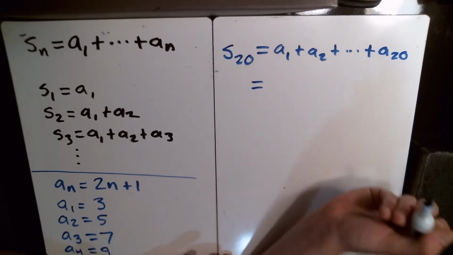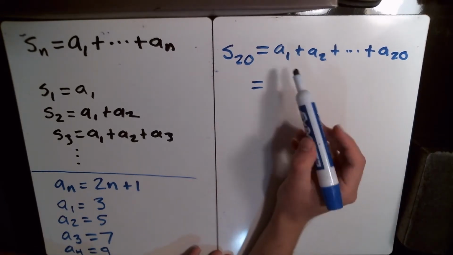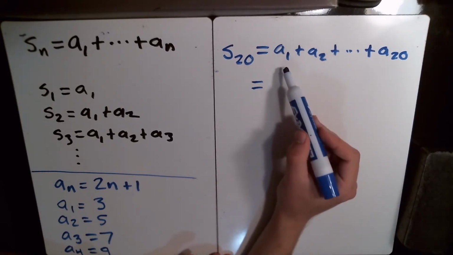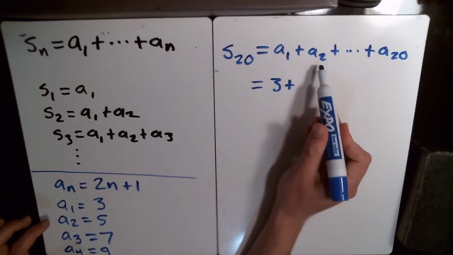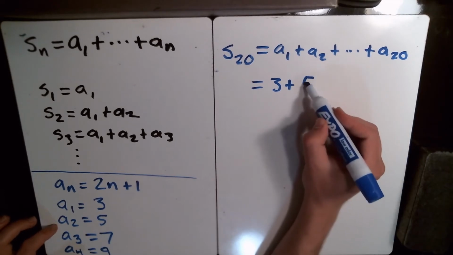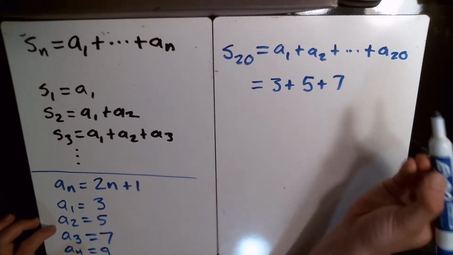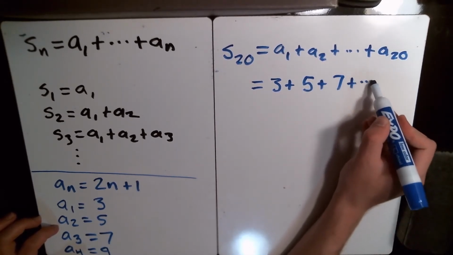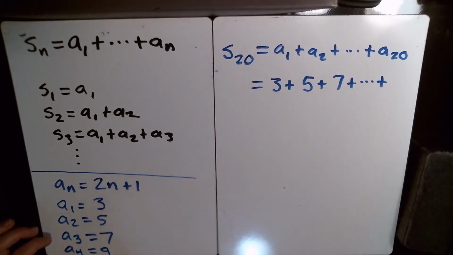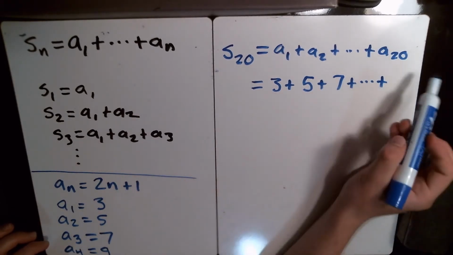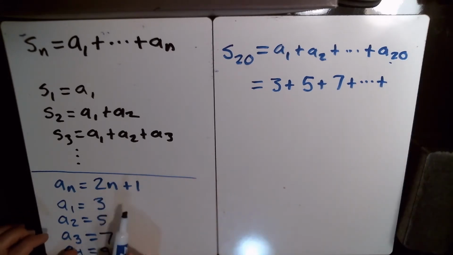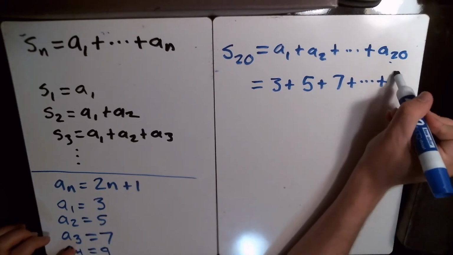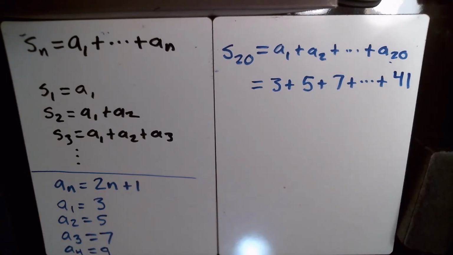So what would this look like with a sum? So A1 we figured out was 3, A2 was 5, A3 was 7, right? And we keep going. I'm just going to do the dot dot dots all the way up to A20. Well, what would A20 be? When I plug in 20, I get 2 times 20 is 40, plus 1 is 41.